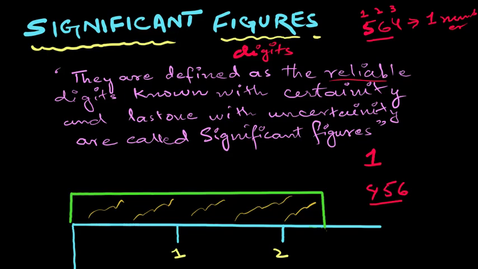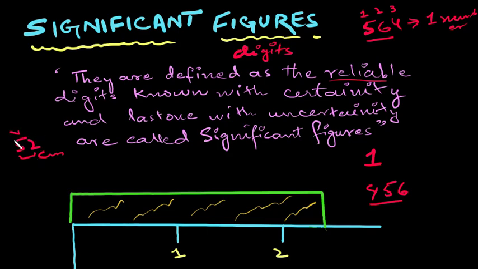Now, let's suppose I have a measurement of, wait a minute, I have a measurement of 52 centimeters. Now, in this number there are 2 digits, 5 and 2. So I can say that I know this digit with certainty.